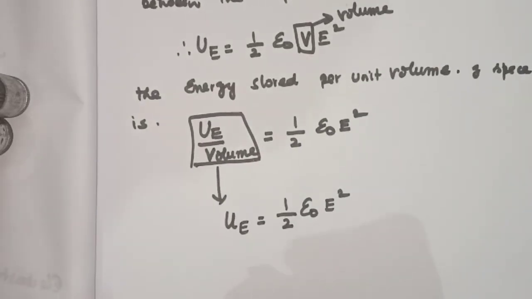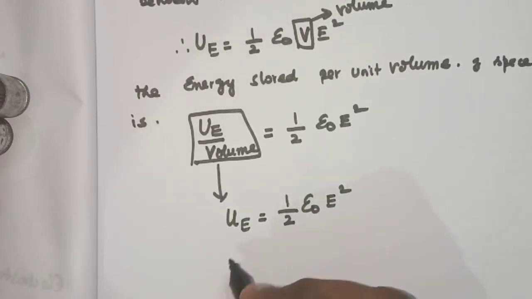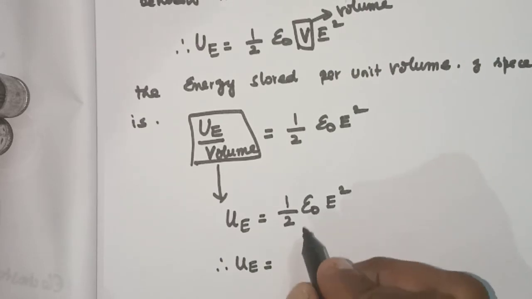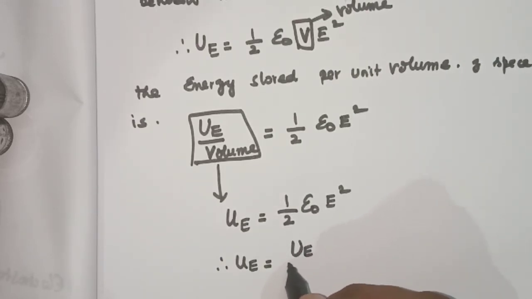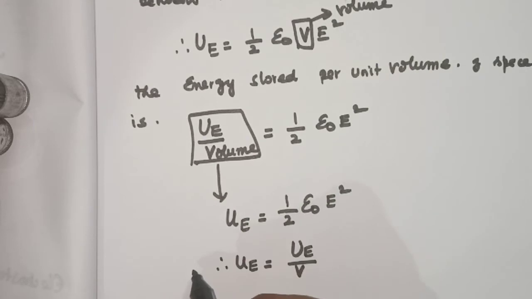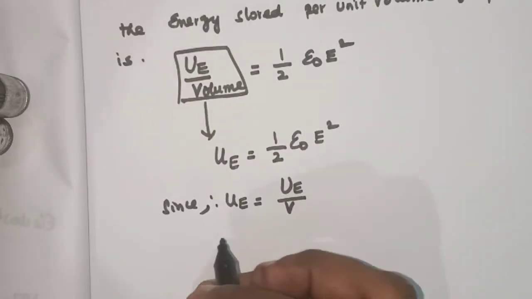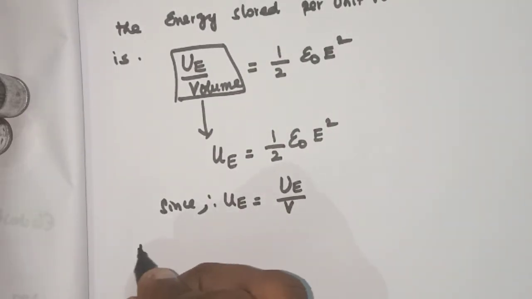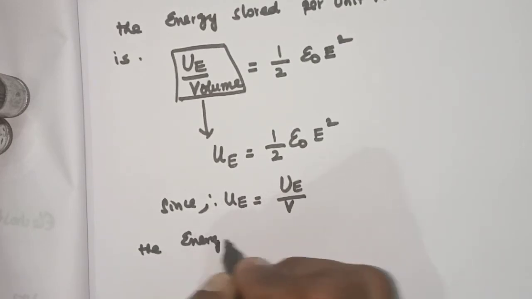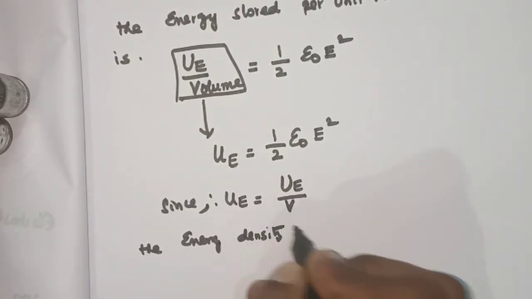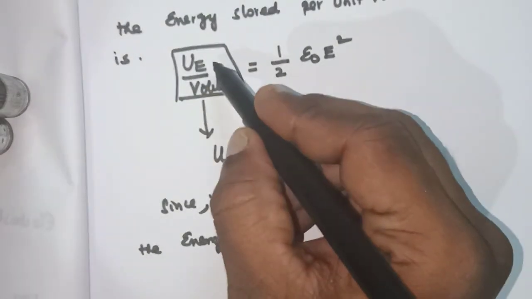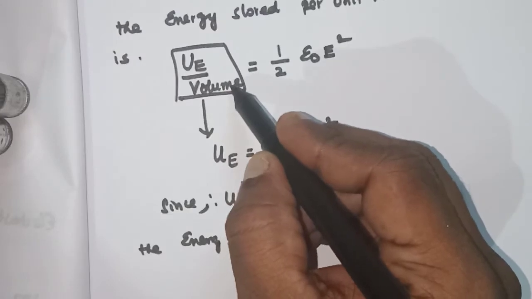Okay, so therefore UE equal to capital UE by V. So finally we will get the energy density is defined as the energy stored per unit volume of space.